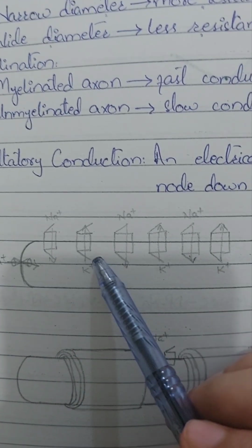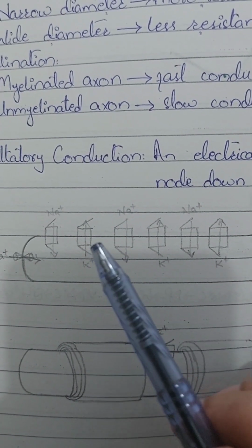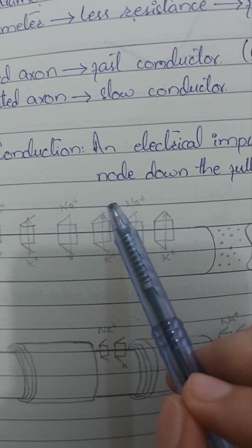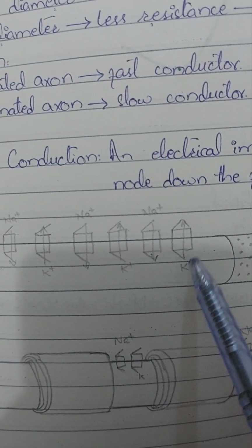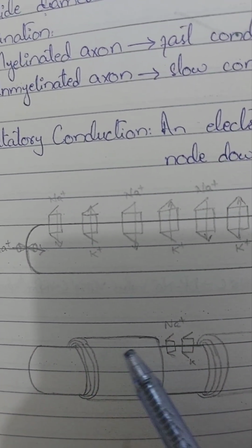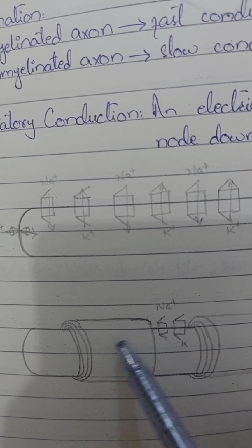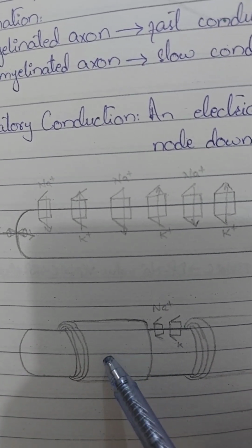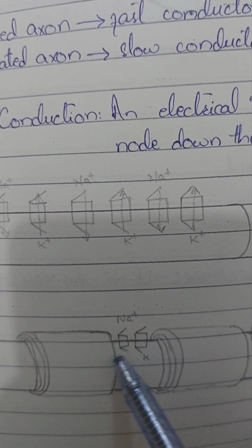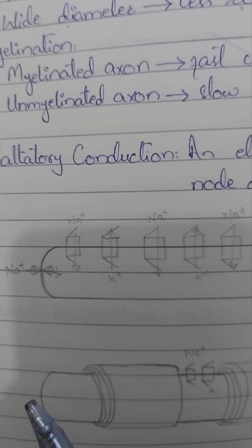It reaches the peak, and potassium efflux causes the repolarization of the membrane, and depolarization and repolarization keep occurring. Whereas in the myelinated axon, the cells which myelinate the peripheral nerves are the Schwann cells, and between these Schwann cells there is an area known as the node of Ranvier.